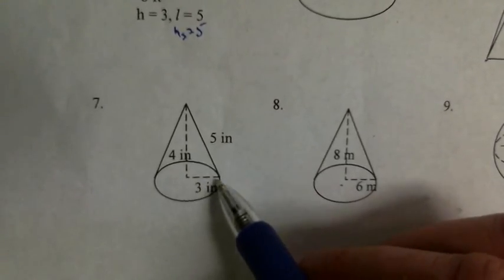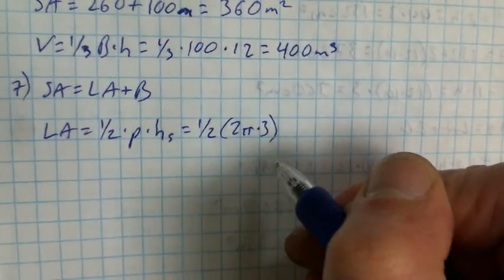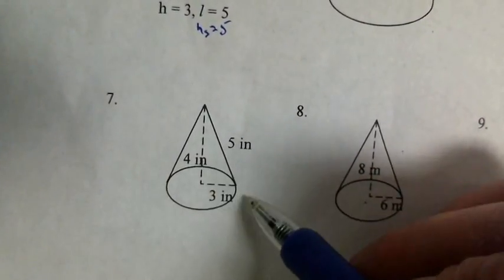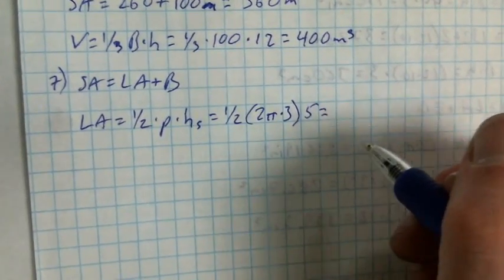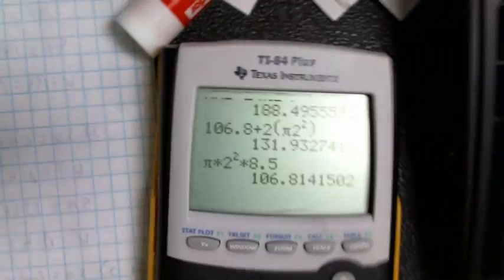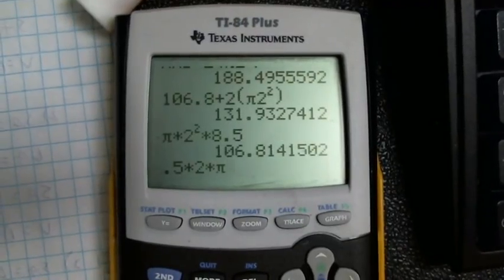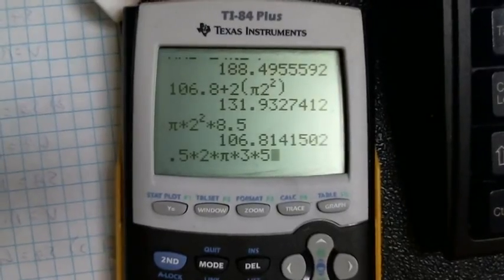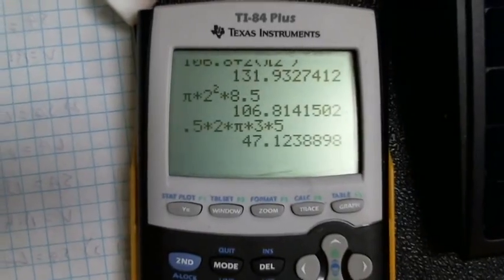So 2 pi r, where r is 3, then times our slant height. Our slant height is 5. Put that in the calculator. .5 times 2 times pi times 3 times 5. 47.12.